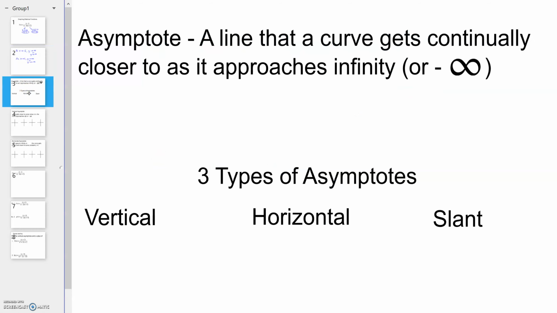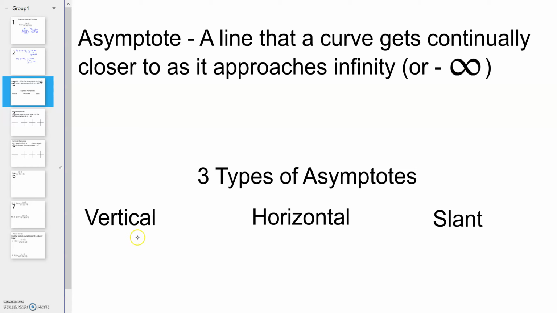An asymptote is a line that a curve gets continually closer to as the curve approaches infinity or -infinity. There are actually 3 different types of asymptotes: vertical, horizontal, and slant asymptotes. And we're going to really focus on vertical and horizontal.